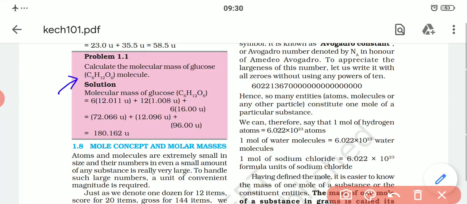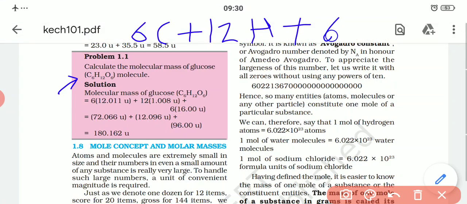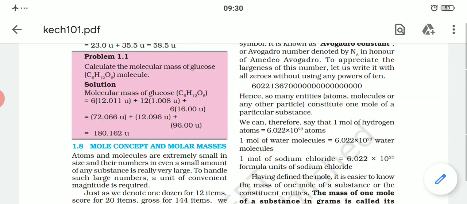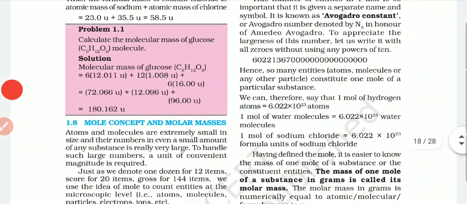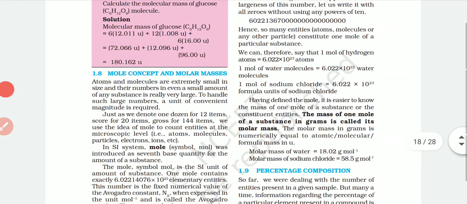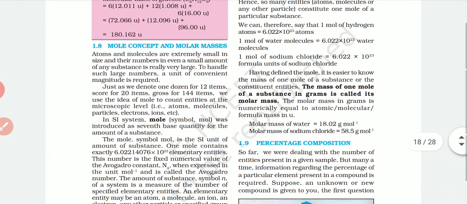So 6 into the mass of carbon, because 6 carbons are there, plus 12 into the mass of hydrogen, plus 6 into the mass of oxygen. We get the mass of glucose.